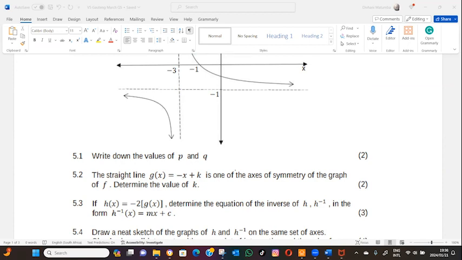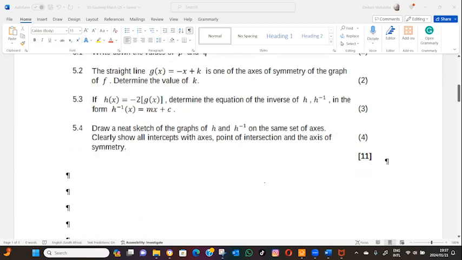Hence, the solution or the x-intercept of the asymptote is actually minus 3. It is the x-intercept of the asymptote, or the horizontal shift.